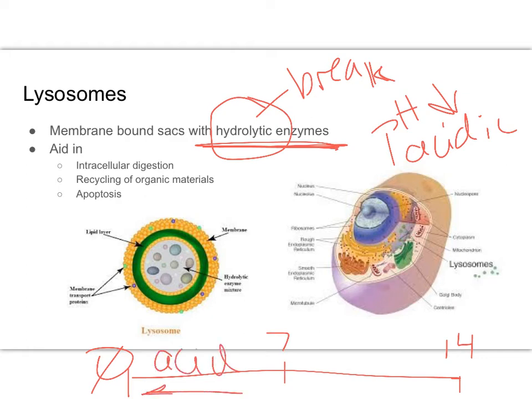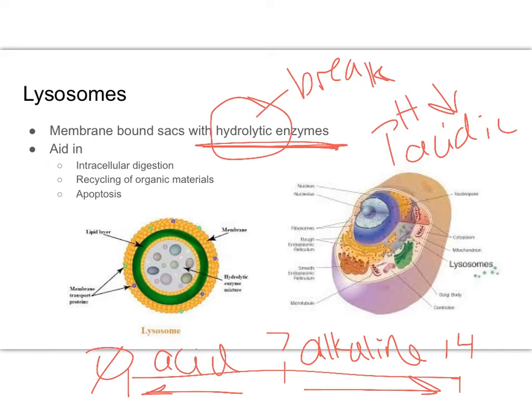So the closer I get to 0, the more acidic it gets, so the more dangerous, the more caustic it would get. And alkaline, sometimes called basic, gets stronger as it goes to 14, which makes sense. If 7 is neutral, the further I get away from neutral, the stronger the acid or the base gets. So 14 is my strongest alkaline solution, and 0 would be my strongest acid.